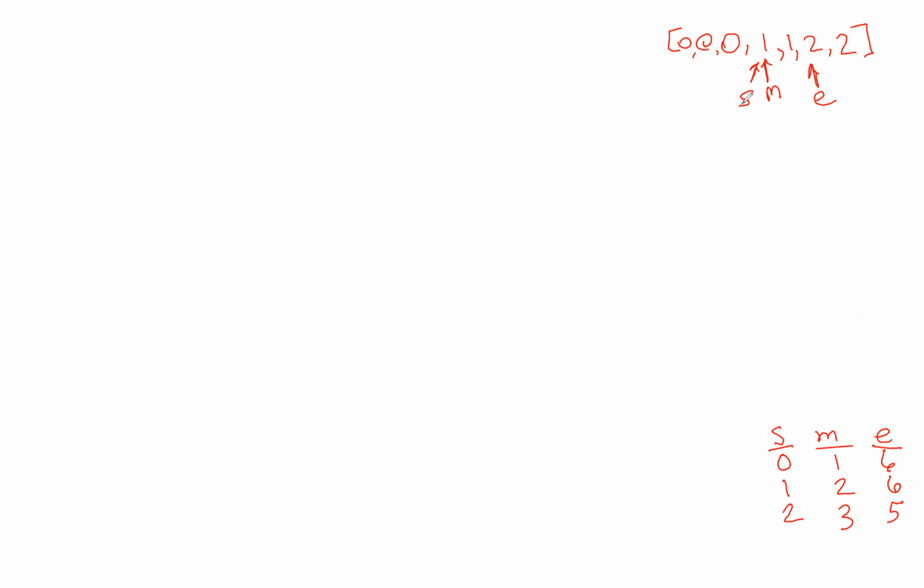We look at E and it's at 2, so we decrement that as well. Now E is at 4, S is at 3, and M is at 1, so we increase that.